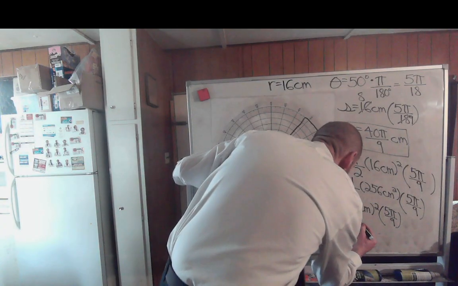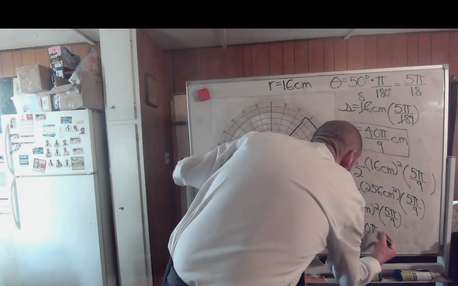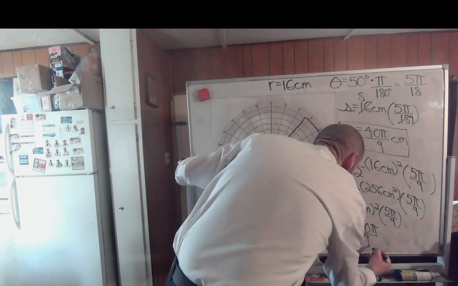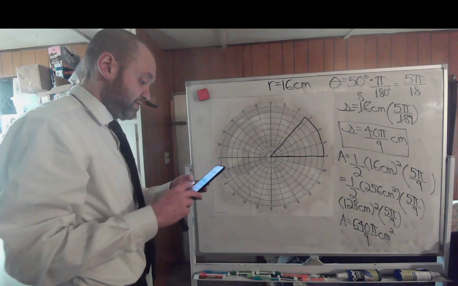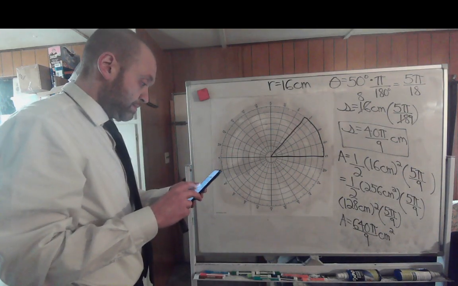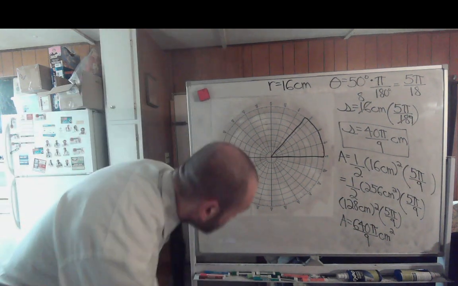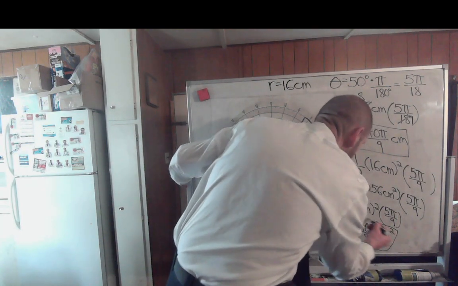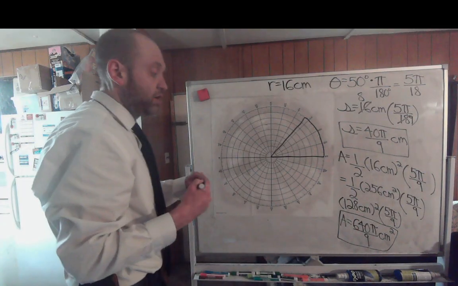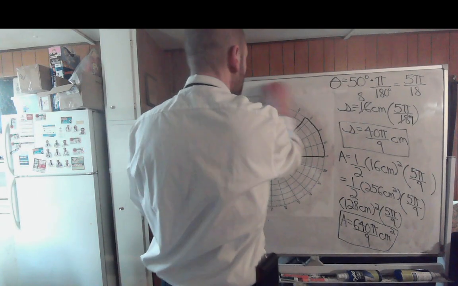So you would get 640 pi over 9 square centimeters. Let's see if that 640 over 9 can reduce any further. Nope. So that's the best we got here. The area of that sector is going to be 640 pi all over 9 square centimeters. And I got one more and we're done.